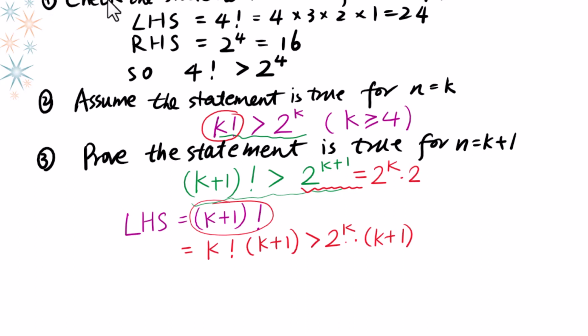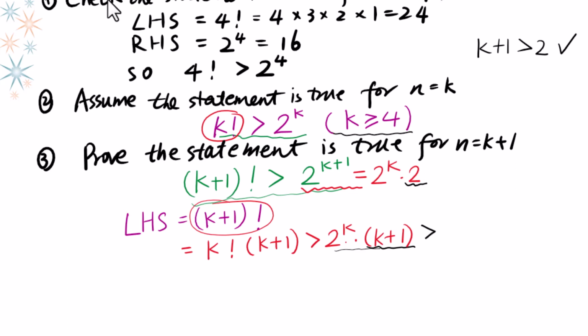Remember, our goal is to get 2 to the k plus 1th power. Let's rewrite this as 2 to the kth power times 2. As long as k plus 1 is greater than 2, I can change these expressions into 2 to the k plus 1th power. k plus 1 greater than 2 is always true because k is greater than or equal to 4.